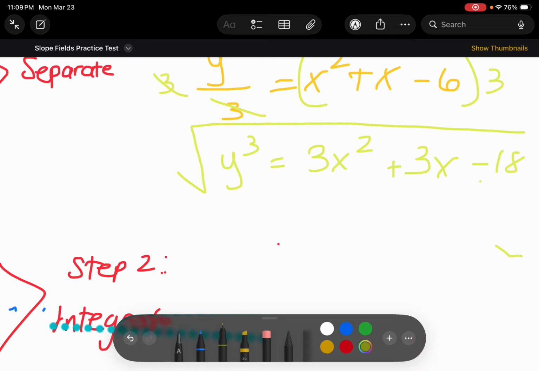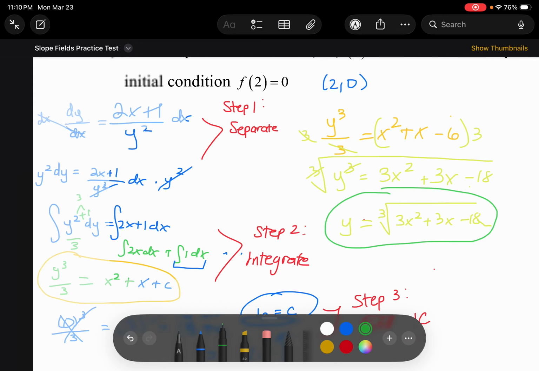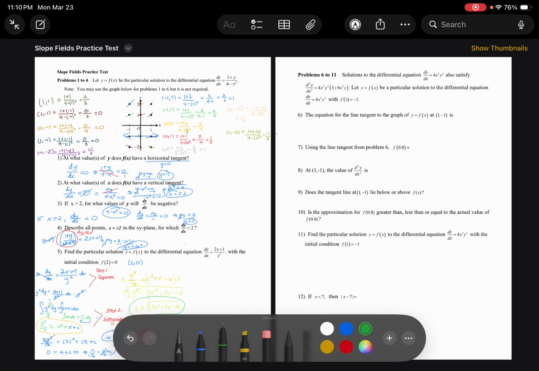We're going to isolate that y. That cancels out, so it's going to be y equals the cube root of 3x squared plus 3x minus 18. And that is your final answer for part 1 of your practice test, or problem 5 of your practice test.